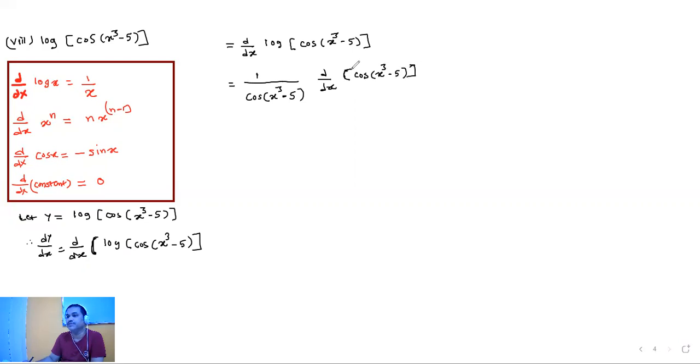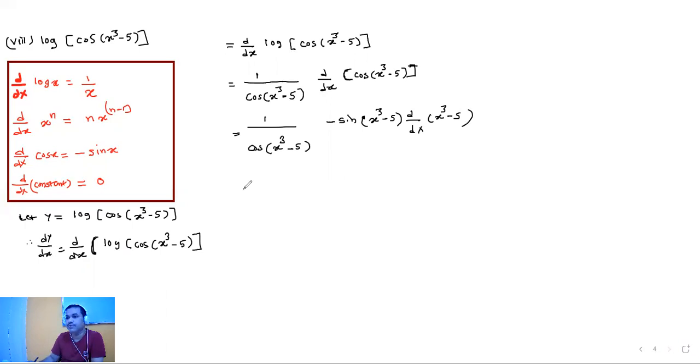Cos of x cubed minus 5 is like a square bracket. So this will become cos of x cubed minus 5. The derivative of cos of x will be minus sine of x cubed minus 5. And further, we need to take the derivative of x cubed minus 5.